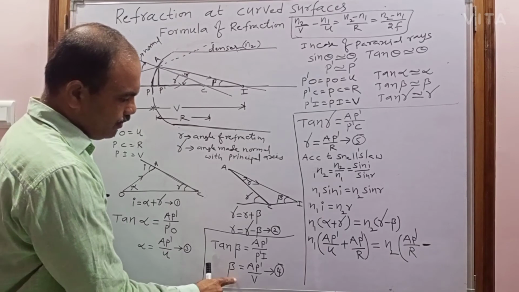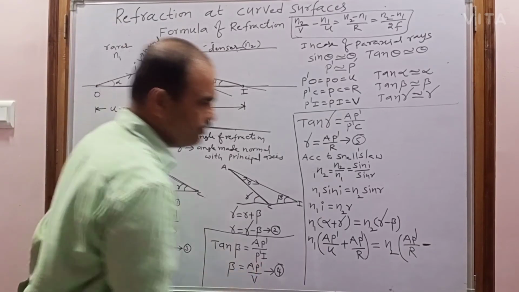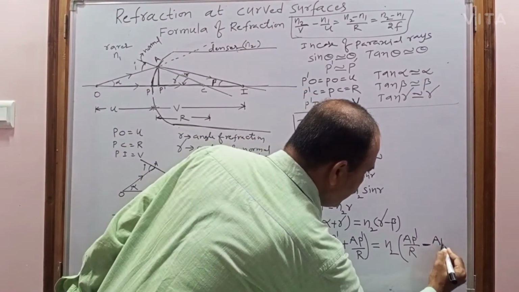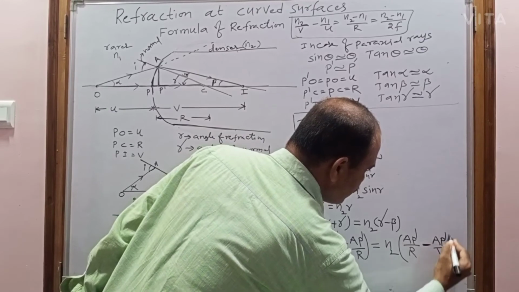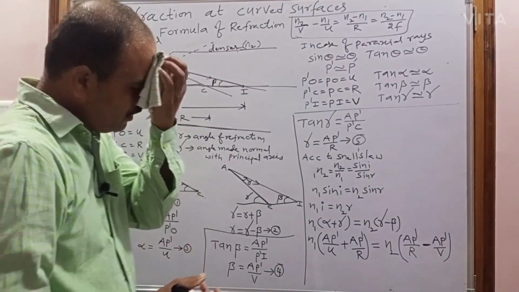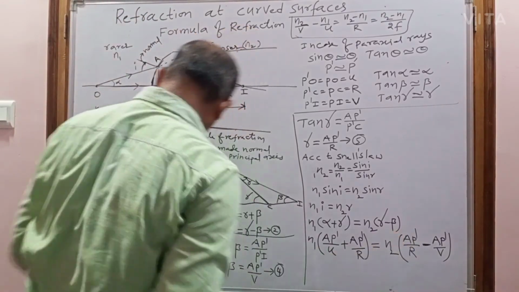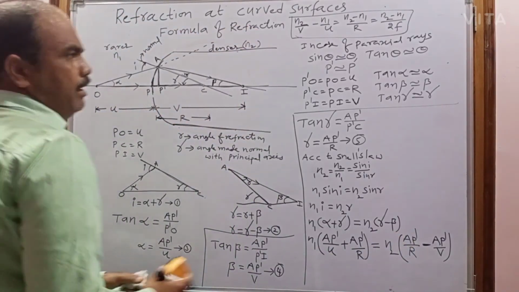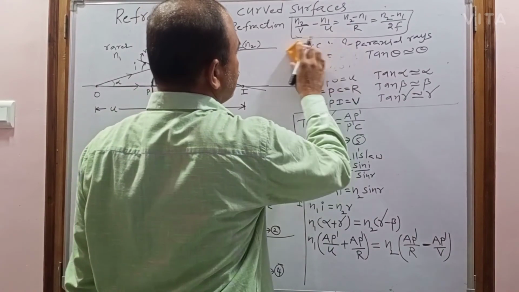From equation 4, beta is nothing but AP dash by V. So this you got. Next, when we simplify, I am removing this part.